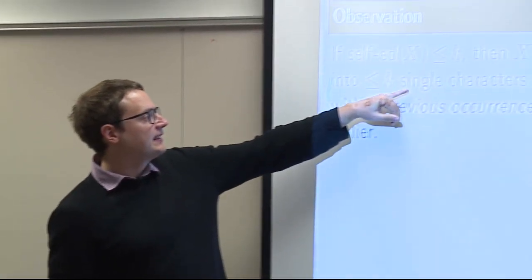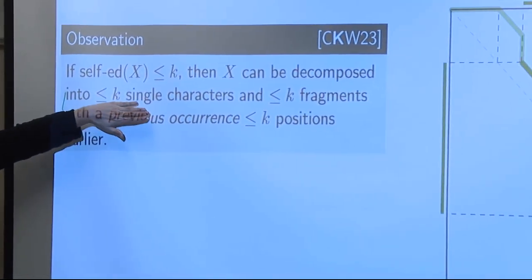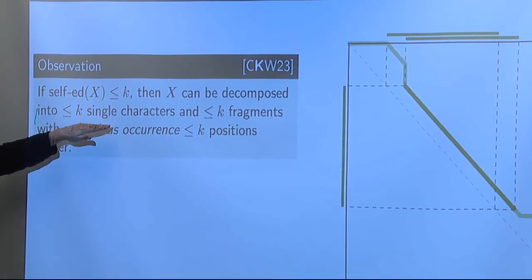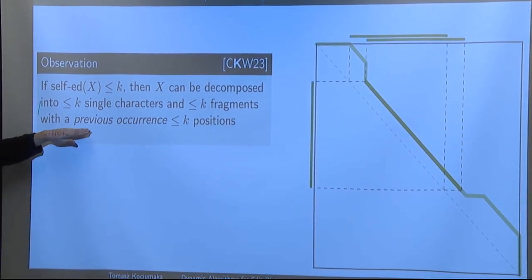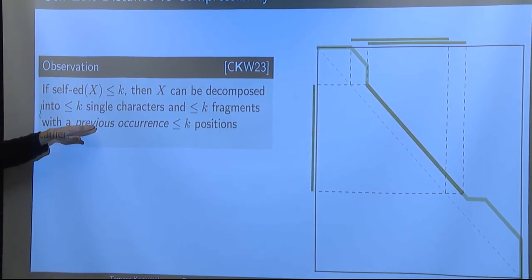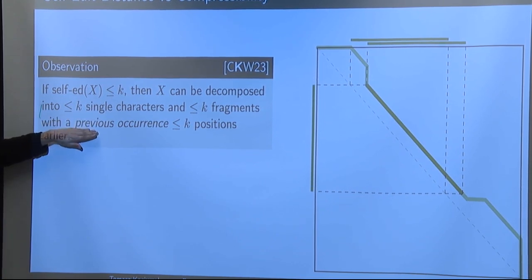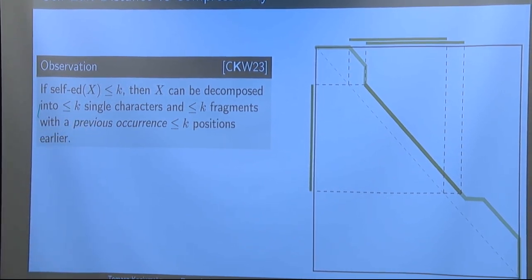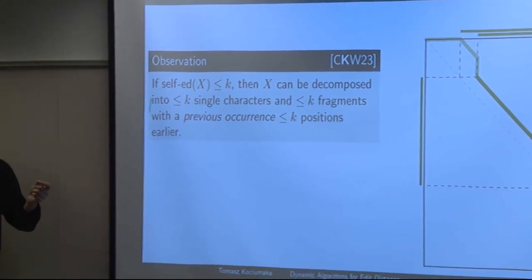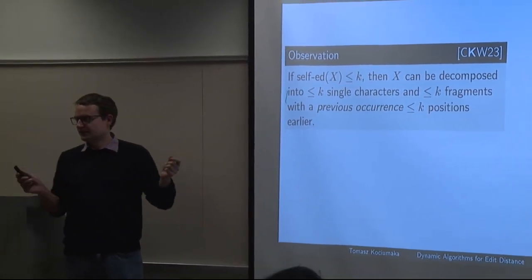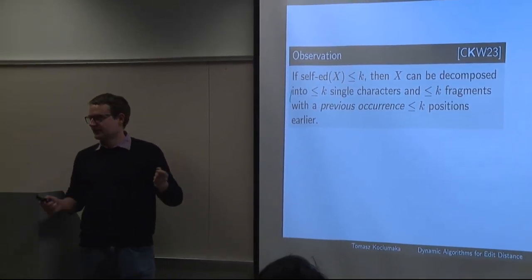If you account it as a single character, it may have no previous occurrences close to each other. But if you account it in this second part, then it must have a previous occurrence, and also it should be on average at least quite long because we can only have k of these previous fragments, and the total length of them needs to be at least n minus k or something like that.